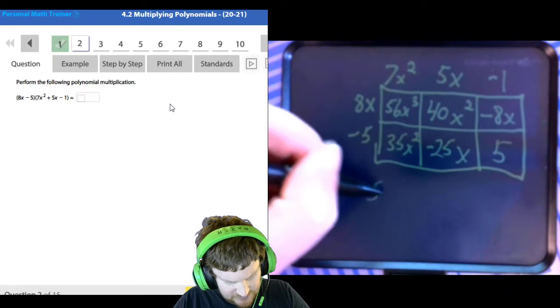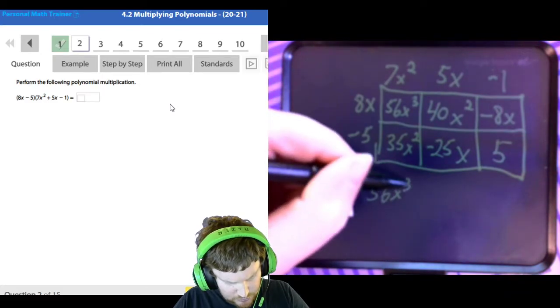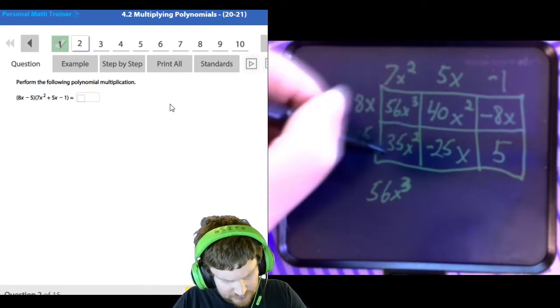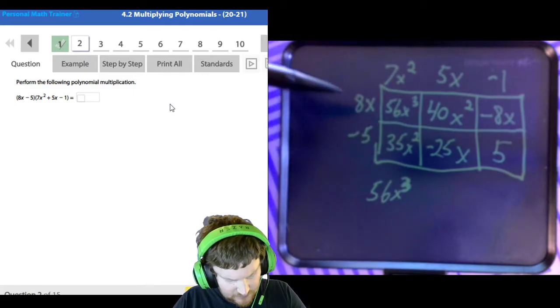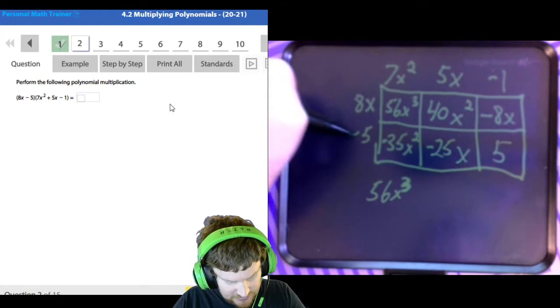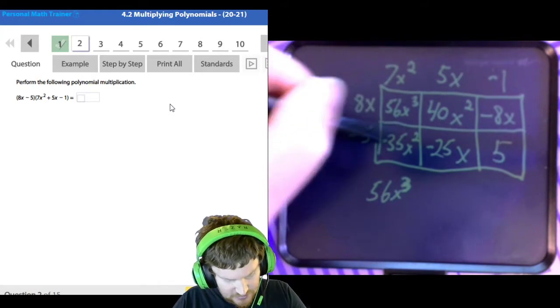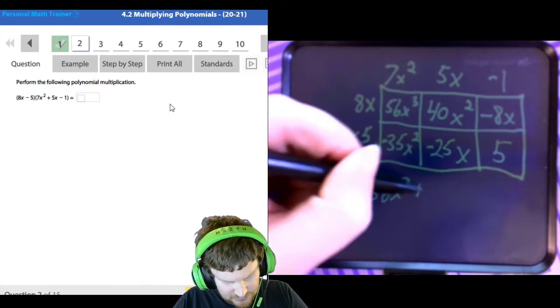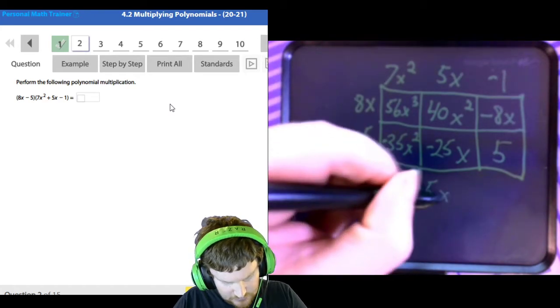So I've got 56x cubed. Diagonals, I've got 35. Sorry, this should be a negative 35 had I been paying attention to this negative 5. Negative 35 and 40 is 5x squared.